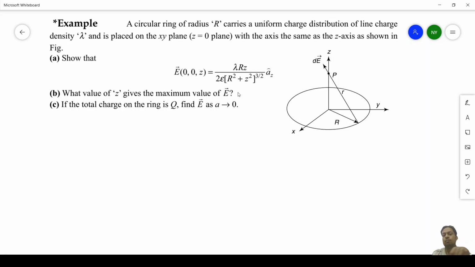Now if the total charge on the ring is Q, then we have to find E as A tends to 0.